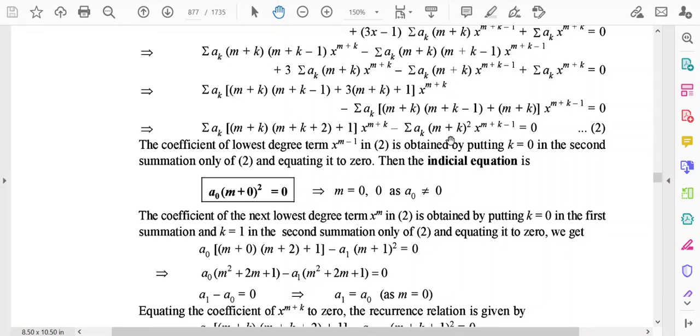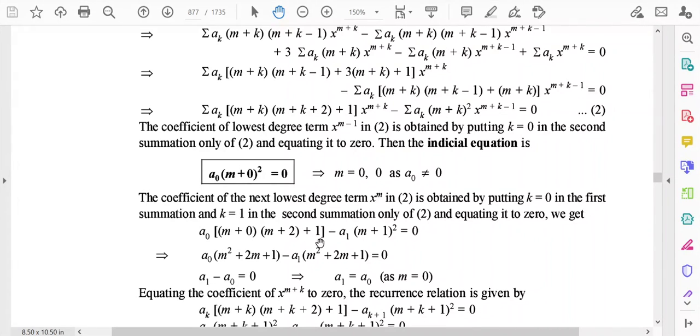So we have to put k is equal to 1 in the second summation and then we will obtain this equation, that is, putting k is equal to 0 in the first summation and k is equal to 1 in the second summation. We will obtain the coefficient for the term x to the power m, and we are equating this coefficient to 0.